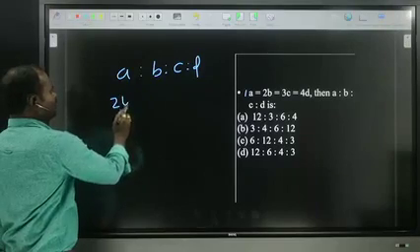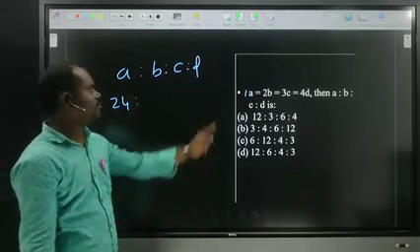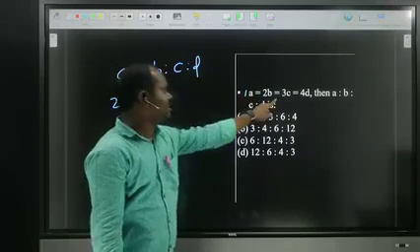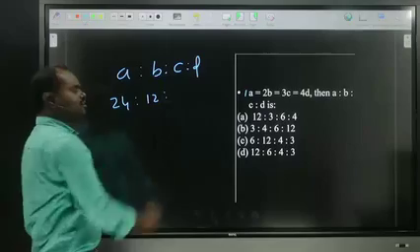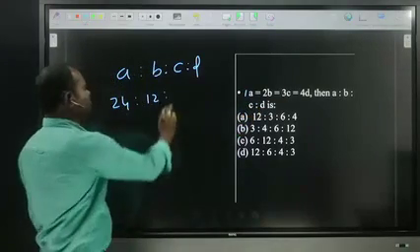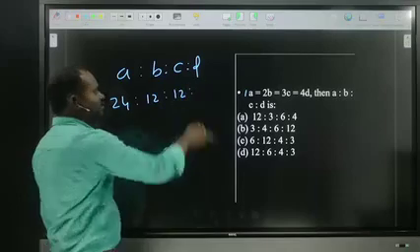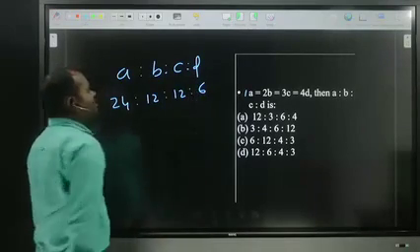Chalo, 24. Now we require b. Leave b, multiply the remaining: 1 three is 3, 3 fours are 12. We require c. Leave c, multiply the remaining: 1 two is 2, 2 fours are 8. D, leave D, multiply the remaining: 1 two is 2, 2 threes are 6. Now any cancellation?